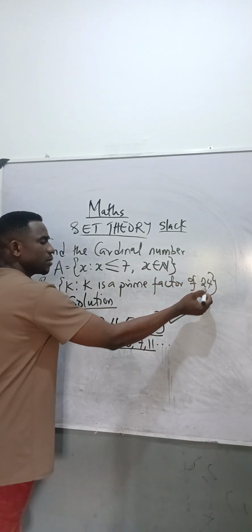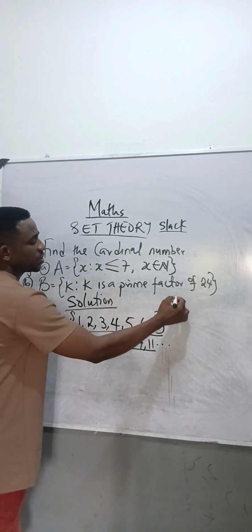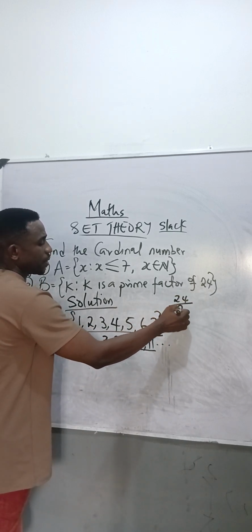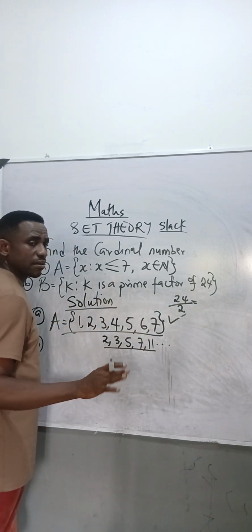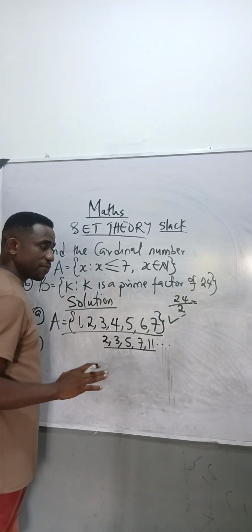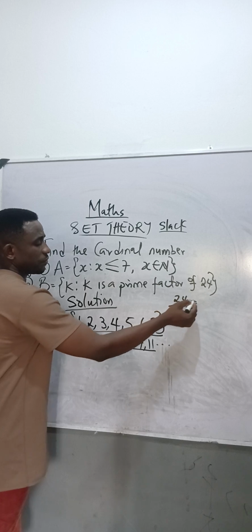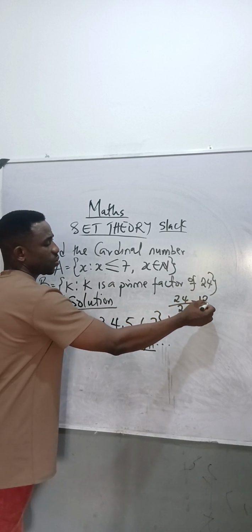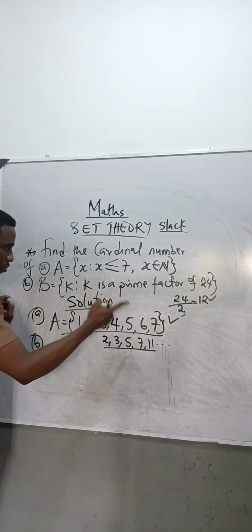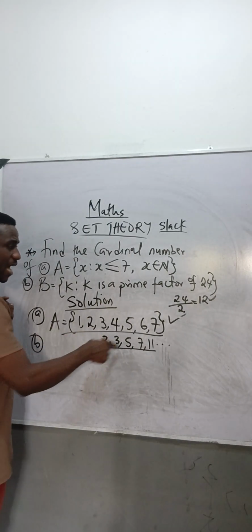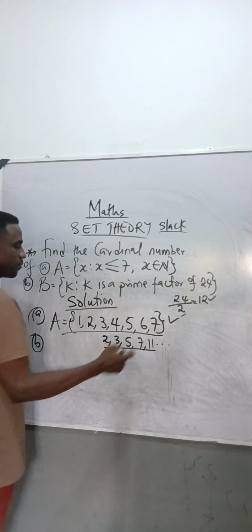So 24 divided by 2. If it goes without any remainder or decimal place, you know that is a factor. So 24 divided by 2, we have 12. This 2 is a prime number, and is also a factor of 24.